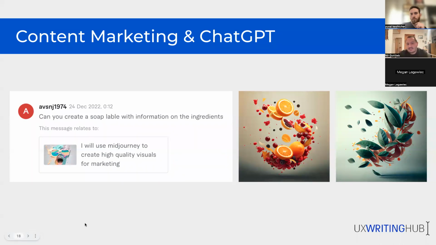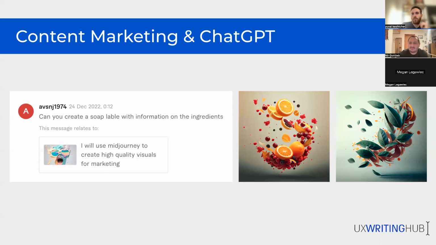So I answered that I simply can't provide the service of creating a label with the ingredients because I don't know how to use Photoshop. I'm not a designer, but I still can make stunning images, as you can see here beside his message. And I said, I can make you the illustrations, but I can't make the ingredients list.